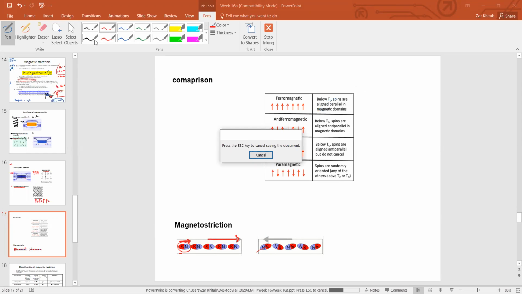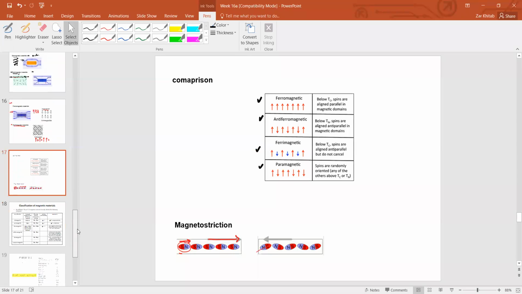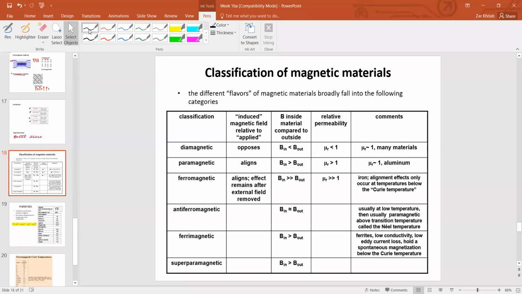So here are a few graphs. Just go through them and try to understand these different magnetic materials. Another chart here again classifies the different magnetic materials. In the diamagnetic, B inside is less than B outside, which means diamagnetic materials are going to reduce the external magnetic field.